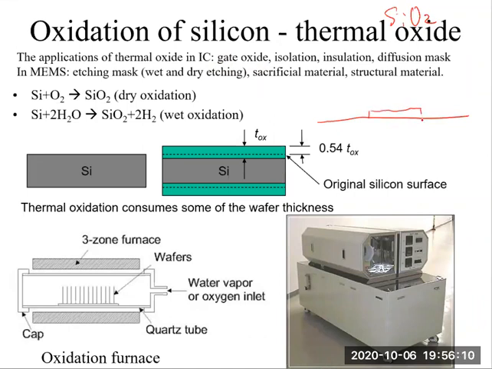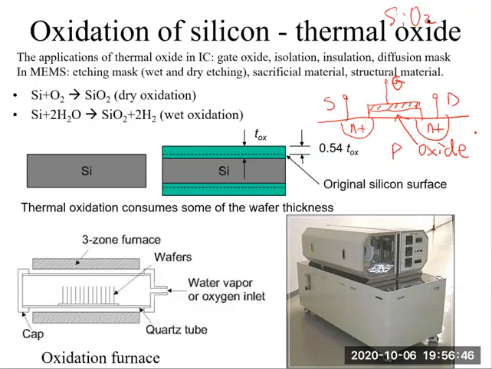I believe everybody knows the structure of MOSFET, right? Let's say this is an NMOS. We have source, we have drain, and then we have this gate. Initially, it's a gate made from metal. So this is the metal gate. The metal gate is separated from the channel or substrate by an oxide layer.